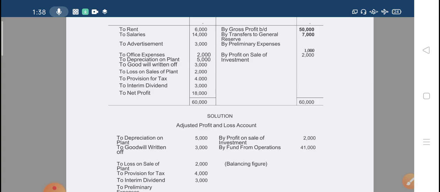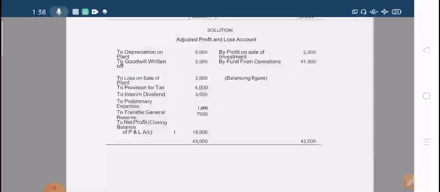This is what we have been given. So with this we can prepare an adjusted profit and loss account.